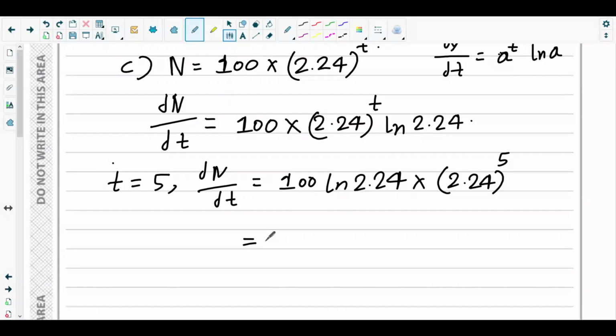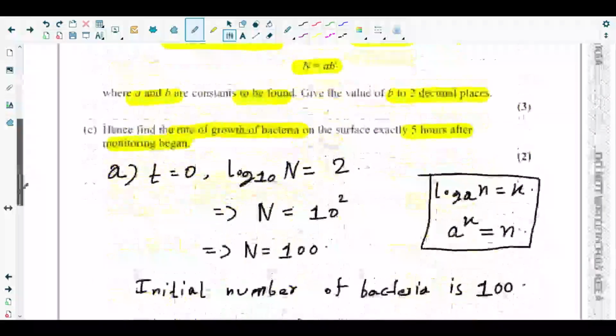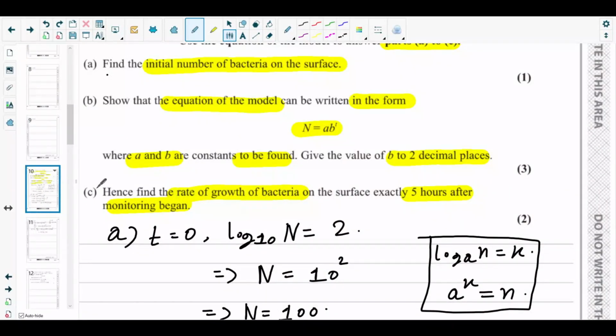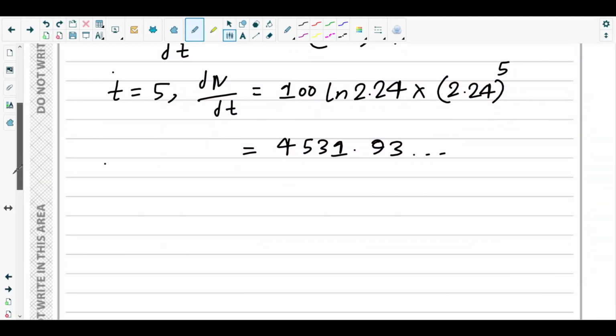So 100 times ln of the answer, times the answer to the power 5, where the answer is 2.24 basically. You'll get 4531.93 something. The number of decimal places is not mentioned, so we can give the answer to 3 significant figures.